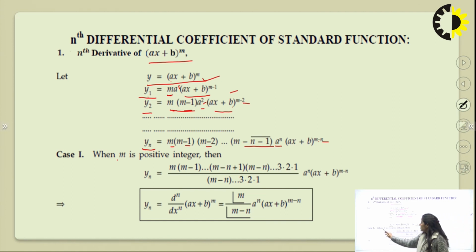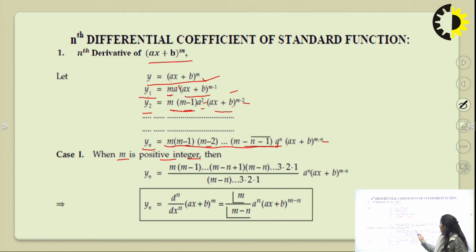The first case is when m is a positive integer. If m is a positive integer, then we can combine these terms as a factorial function. To make these terms a factorial, we have to multiply some terms.